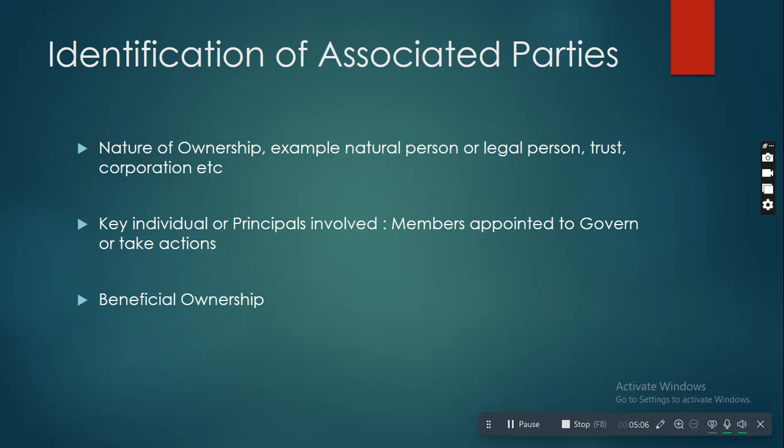We will also drill down to beneficial ownership: who is the ultimate beneficial owner who will be reaping profits out of that venture or organization, or whatever the purpose with which the corporate has been established. So in this identification phase, the main crux is that we identify any associated parties with our parties.